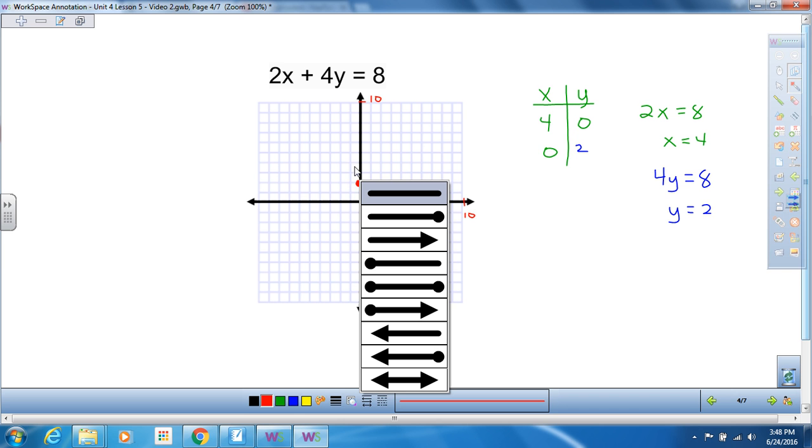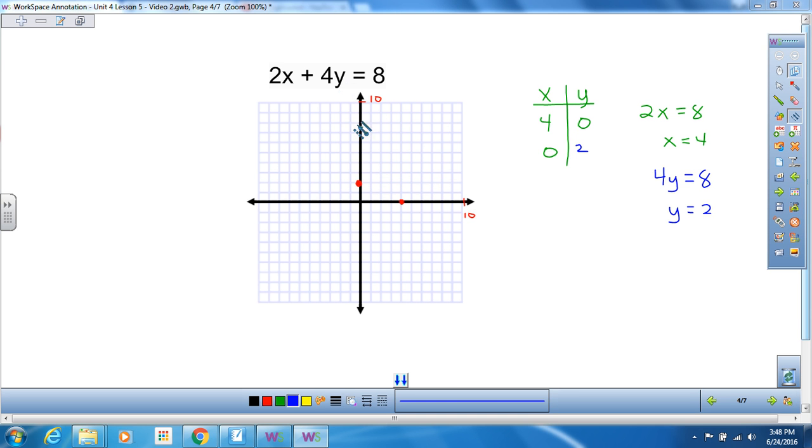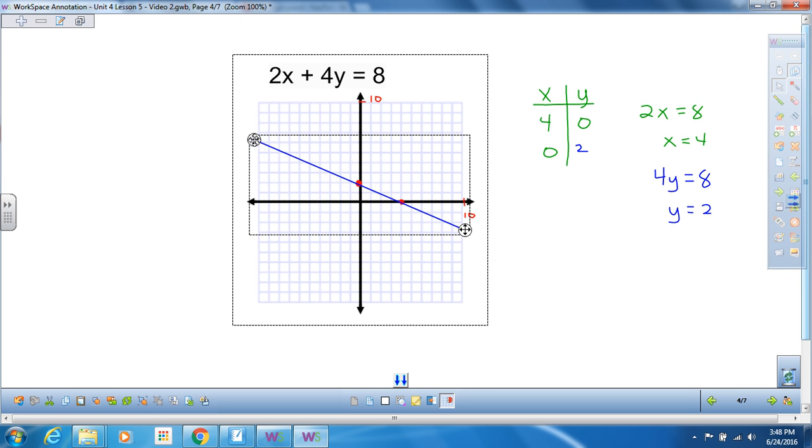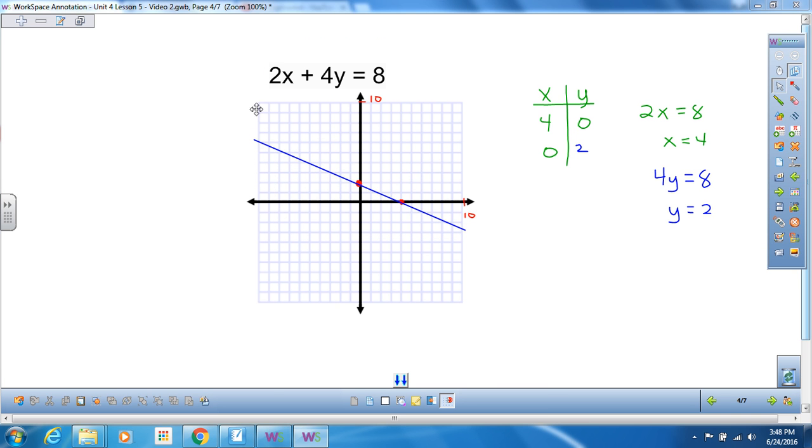So I can connect those with the line, and we want it to go all the way through. Put arrows at the end. Alright.